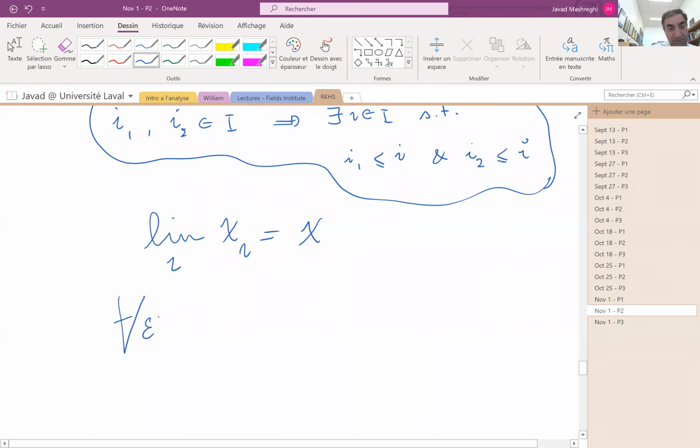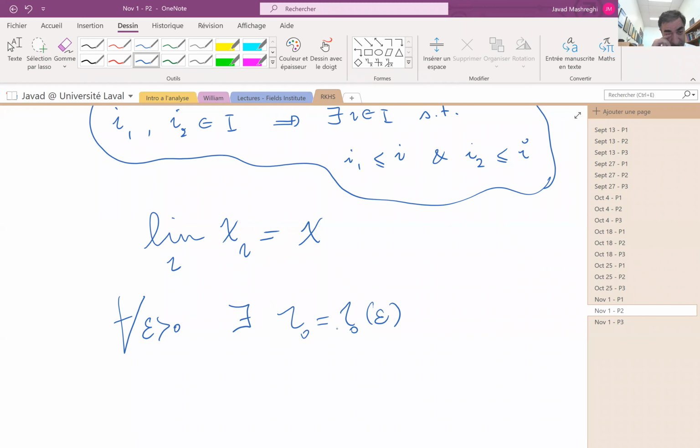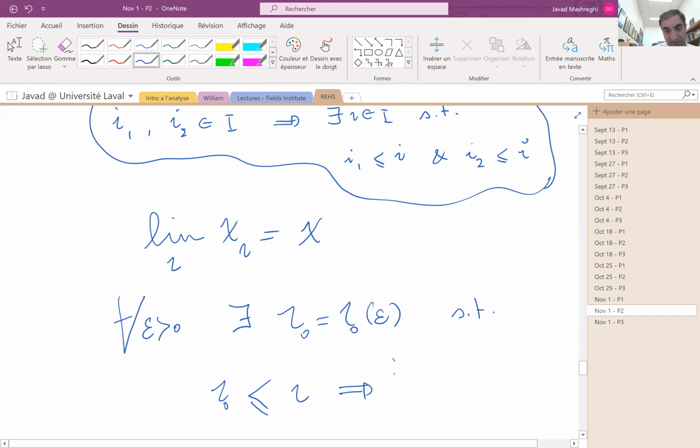For every epsilon, there exists an iota 0, which depends, of course, on epsilon, and it may depend on many more parameters, but at least on the epsilon here, such that if our index is bigger than or equal to iota 0, then the distance is smaller.